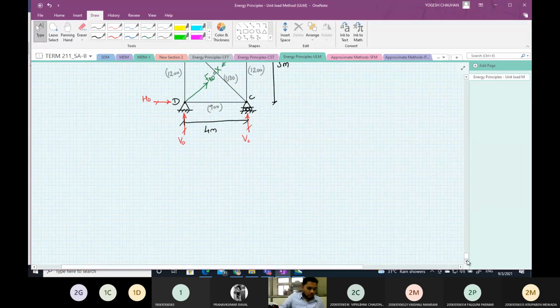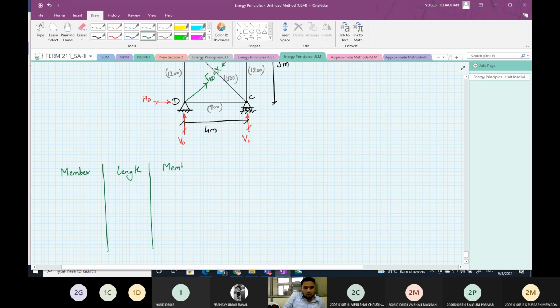So I simply write the table: member, the length of the member, force in P diagram, which we call capital P. This is your P diagram.